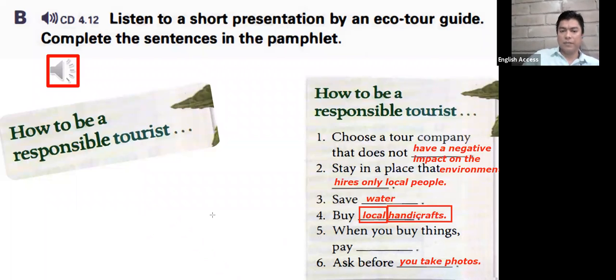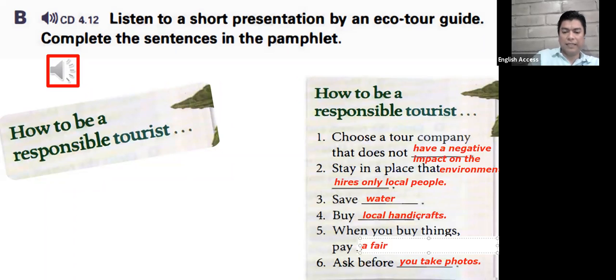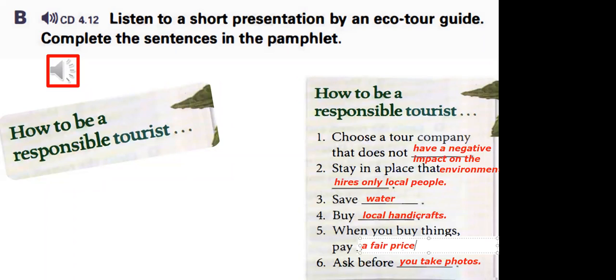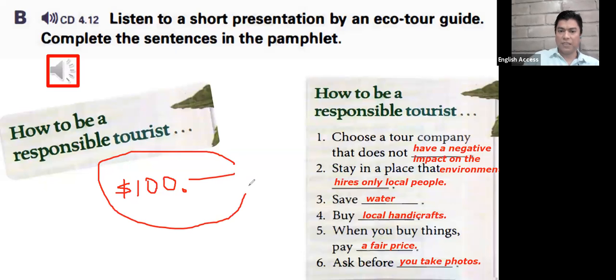What else, ladies and gentlemen? Number 6. A fair price. What does that mean, a fair price? What it's trying to say is that if the local person says that for a little souvenir he wants, as an example, 100 pesos, pay that 100 pesos.